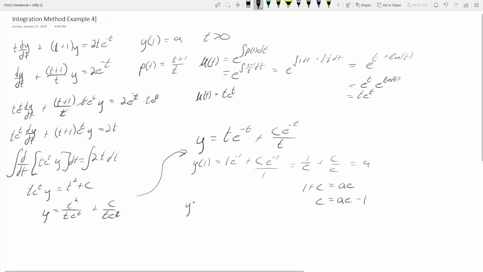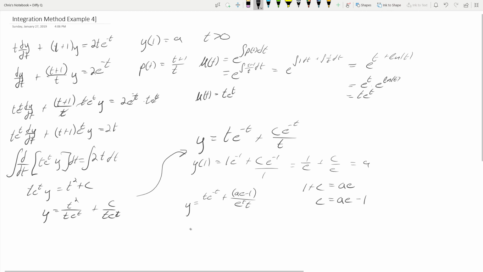So then we're going to take this c and plug it back in. It's going to give us y is equal to t e to the negative t plus (a e minus 1), and I'm going to bring this e to the t down there, e to the t times t. And that's going to be our solution for this problem with y(1) equal to a.